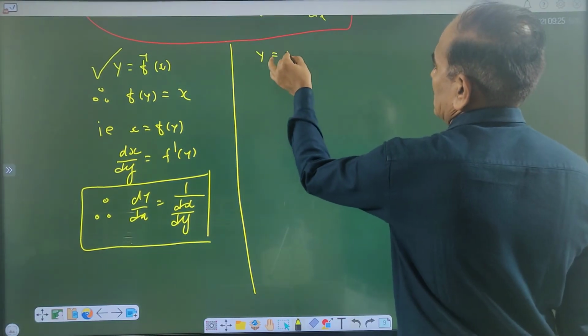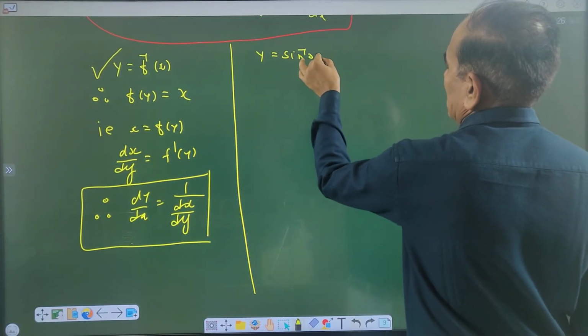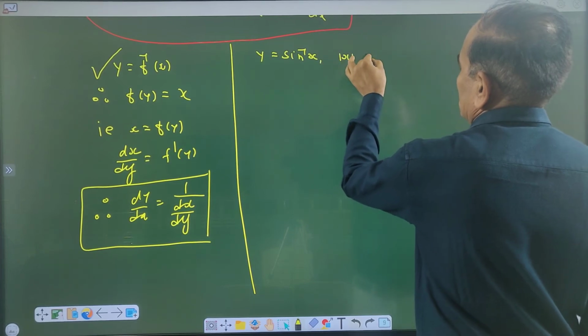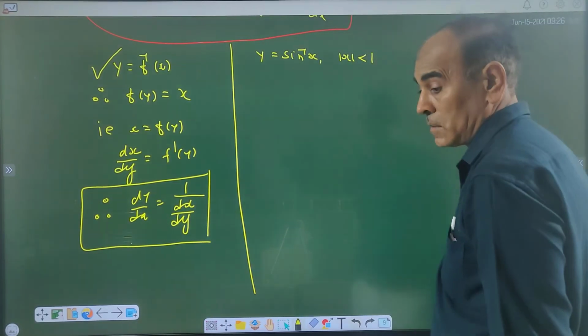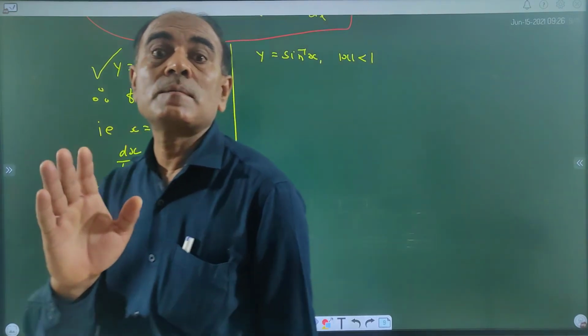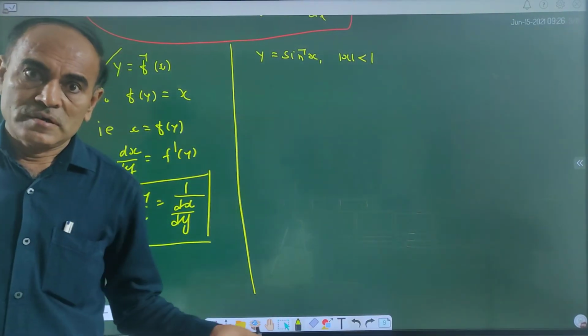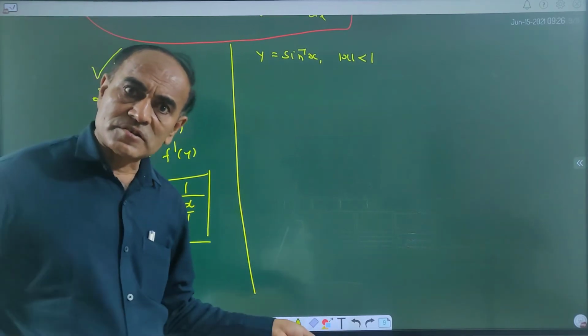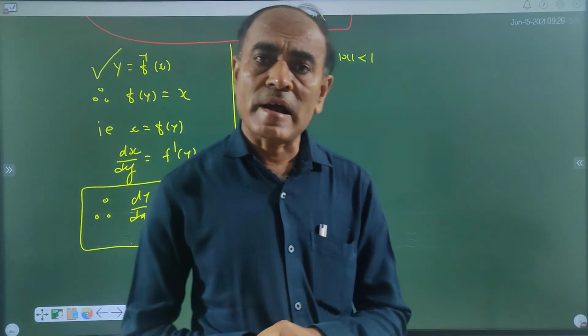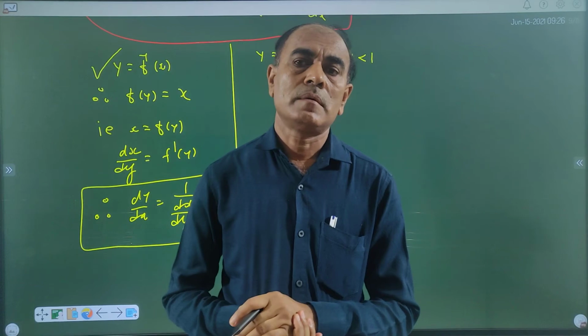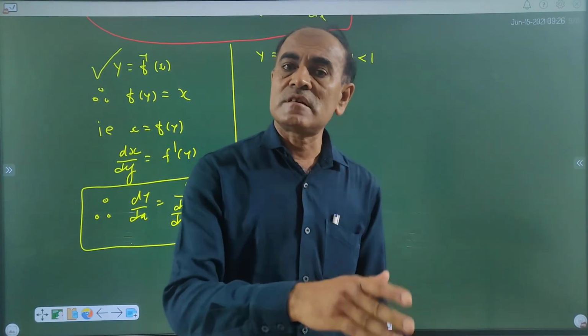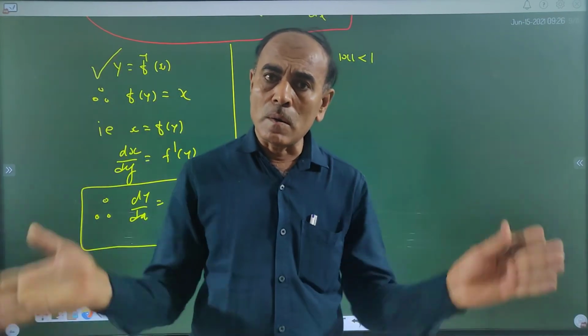See, consider y is equal to sine inverse x, mod x less than 1. See here I am not writing mod x less than or equal to 1. Of course, in case of inverse trigonometric function, we have to write mod x less than or equal to 1. But we know that a function is differentiable only on an open interval.